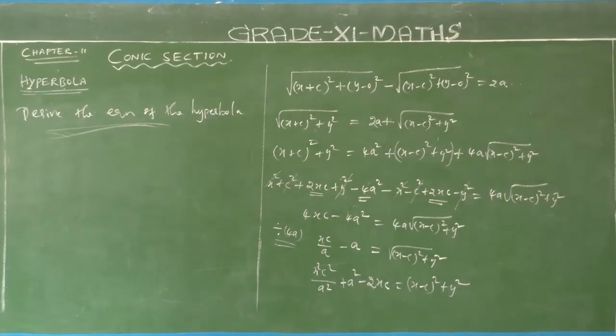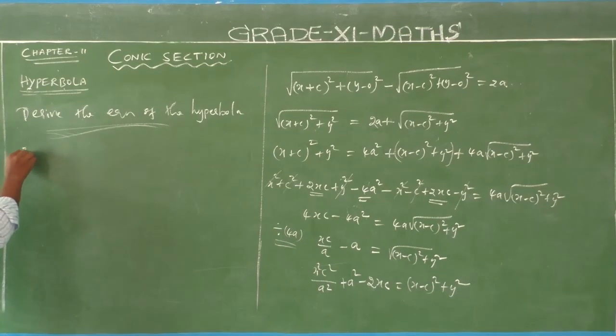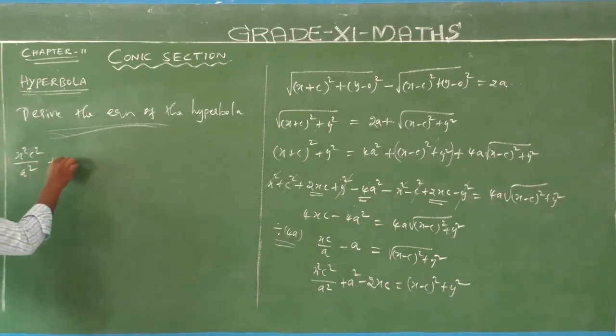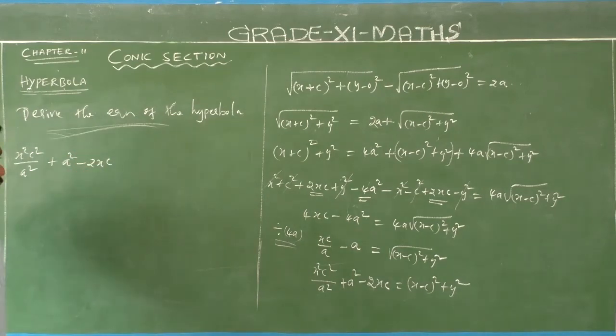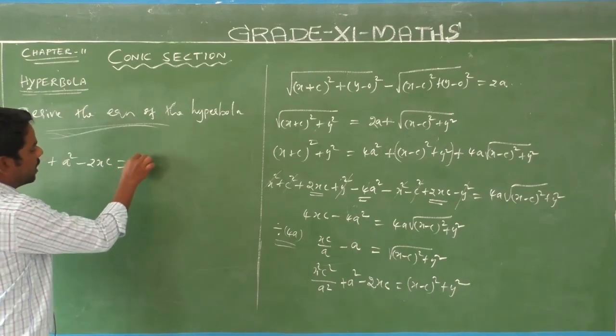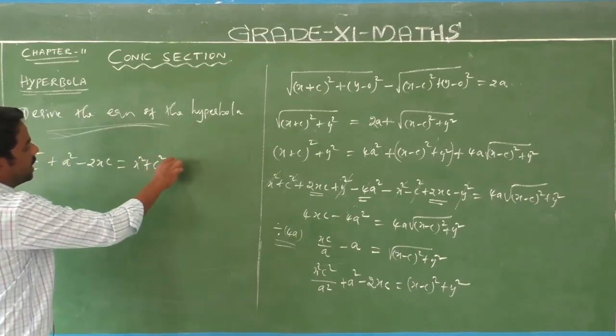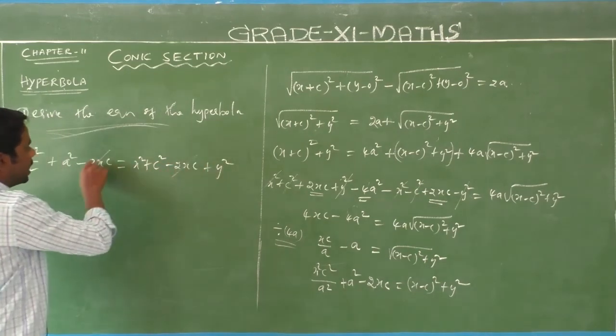Simplify this. x squared c squared by a square plus a square minus 2xc is equal to (x minus c) the whole square, which is x square plus c square minus 2xc, plus y square, minus 2xc and minus 2xc cancel.